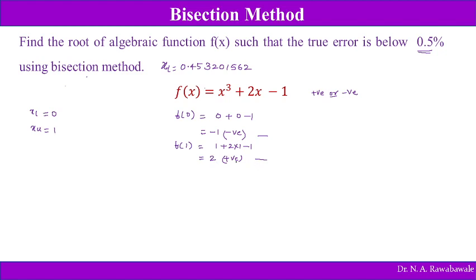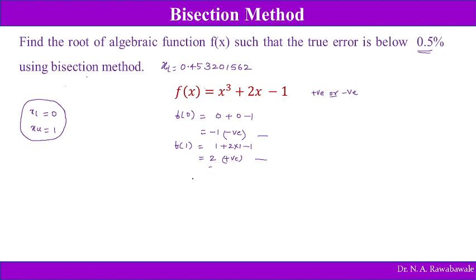It is compulsory for students to find XL and XU. If XL yields negative, XU must yield positive, or else if XL yields positive, then XU must yield a negative value in this function.